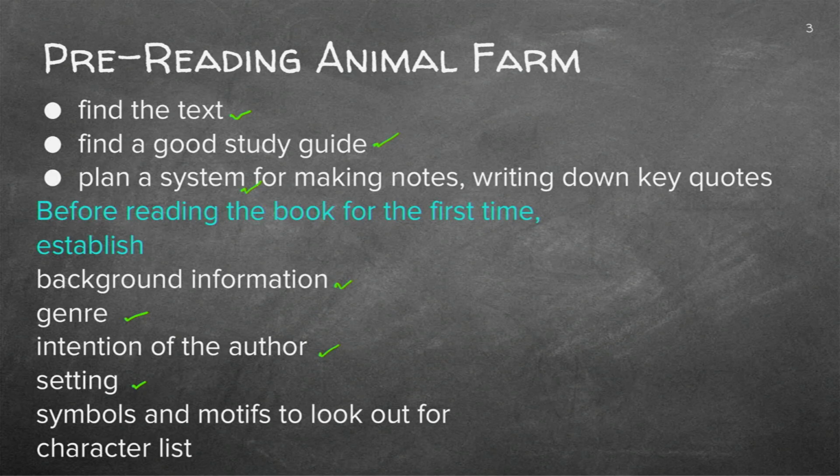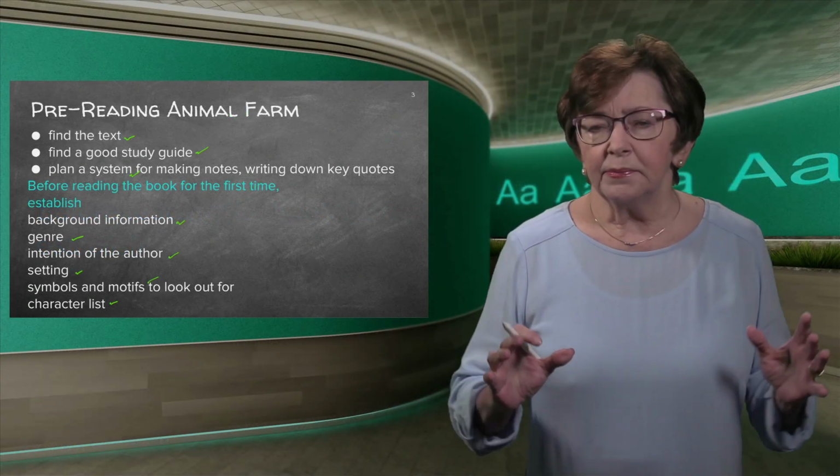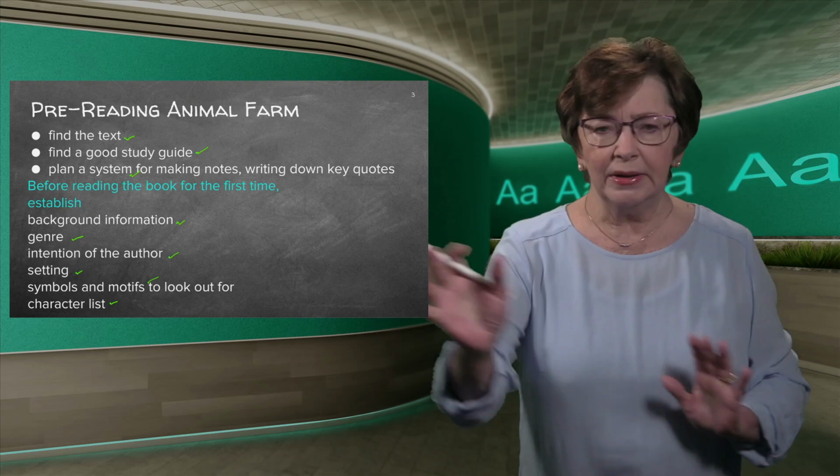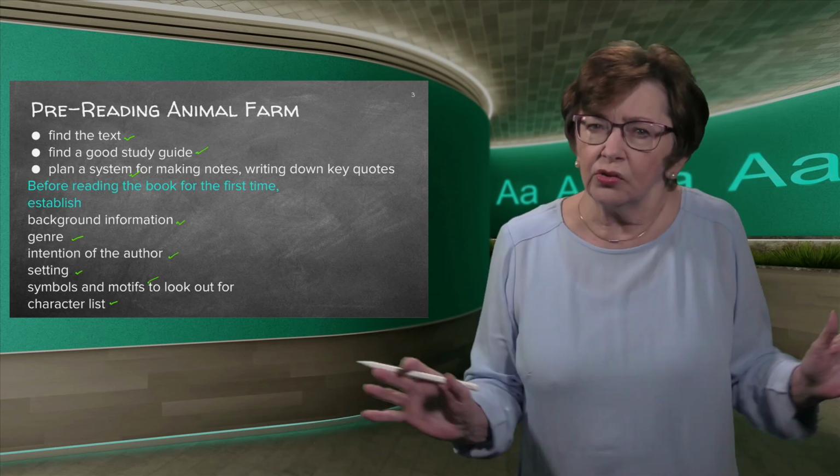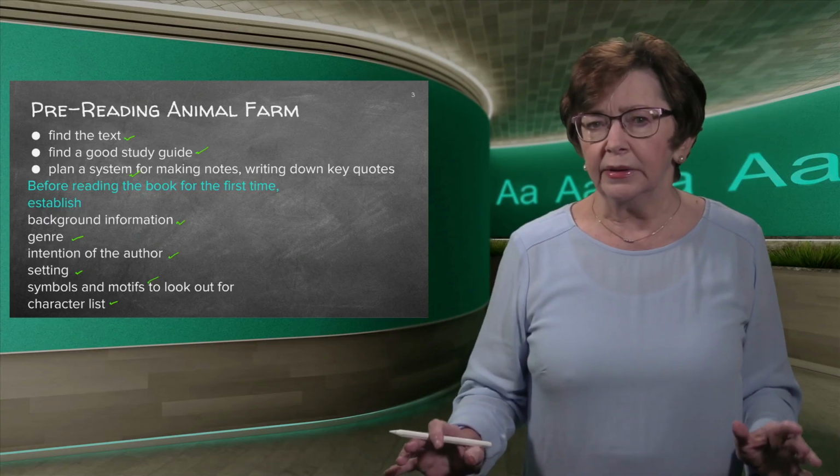Find out, perhaps by just skimming your study guide, look at the themes, the motifs and the symbols that you might have to look out for in the specific book, and start putting together a character list. Very important to make a character list, but use a lot of space because you're going to relate to other characters, you're going to use colors, you're going to fill in information.